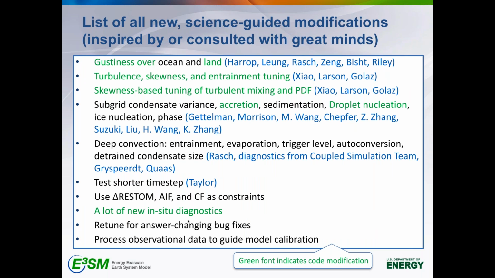So this is a list of all these new science-guided modifications, inspired by or consulted with great minds on our team or outside of our community. I've done all of this, and the green font indicates code modifications are needed because some of the parameters are hardwired.